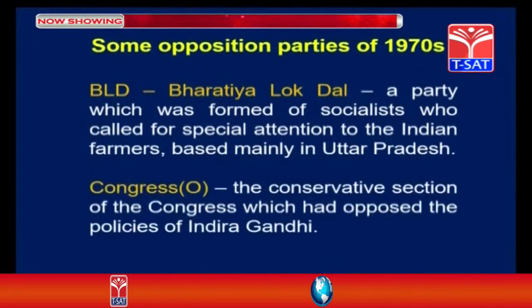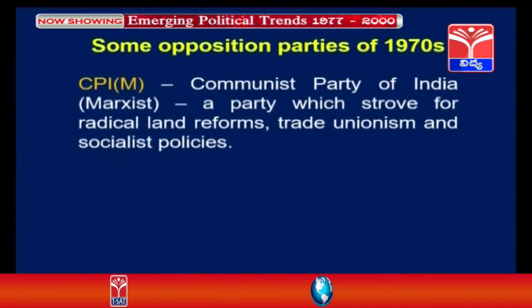Congress O. This is a conservative section of the Congress which had opposed the policies of Indira Gandhi. And CPIM, that means Communist Party of India (Marxist), based on the principles of Karl Marx, a party which strove for radical land reforms, trade unionism and socialist policies.